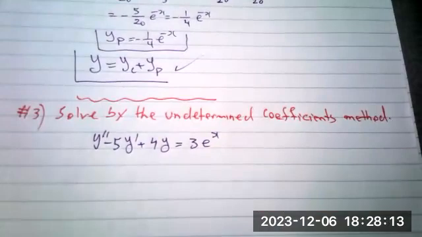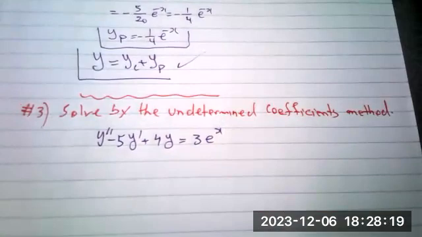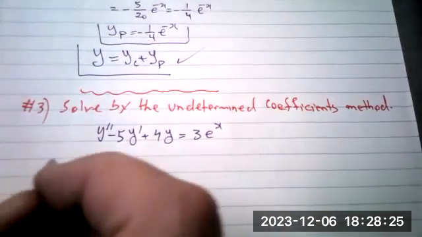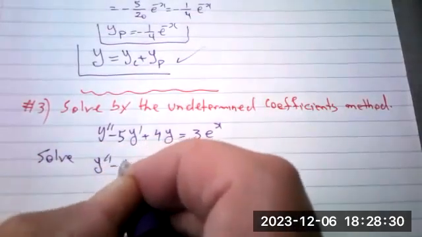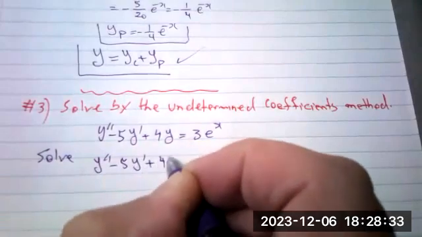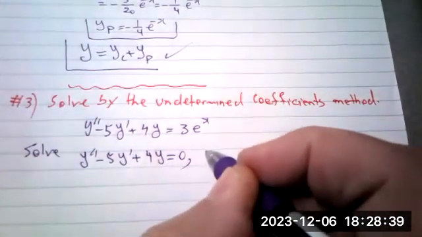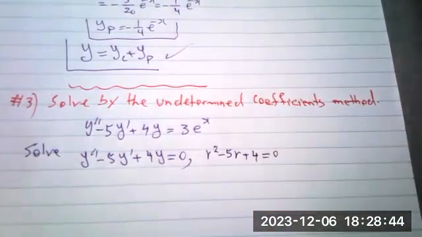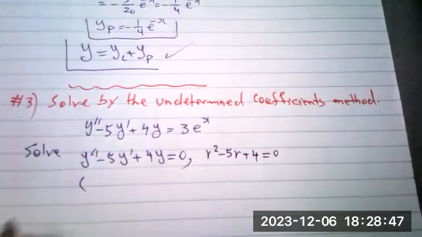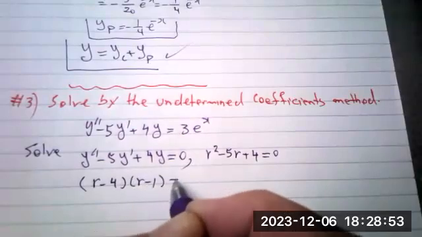Again, you have to solve the homogeneous one. Again, it's going to be a differential equation with constant coefficients because you cannot do anything else. So there you are. You are going to solve this equation, y double prime minus 5y prime plus 4y equal to 0. Get the characteristic equation, r squared minus 5r plus 4 equal to 0. Again, easy to factor. The numbers are minus 4 and minus 1, or the other way around.